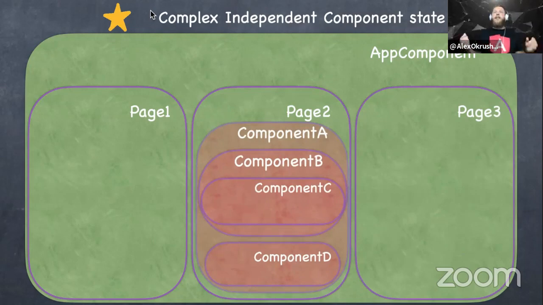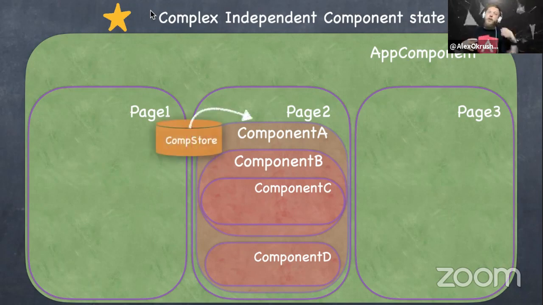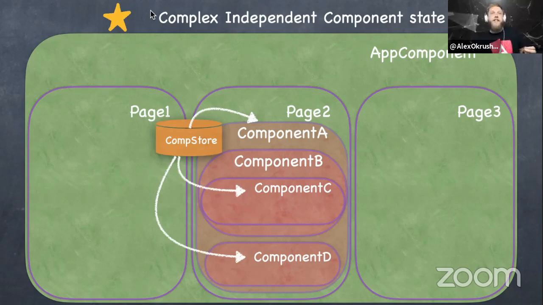It can only share it with the children components B, C, and D, for example. So it has a store that's tied to its lifecycle, and the rest of the components basically inject it as well and select the information that they need from that store. So module state is more of a special case of this one.